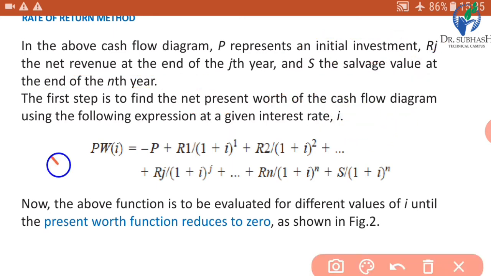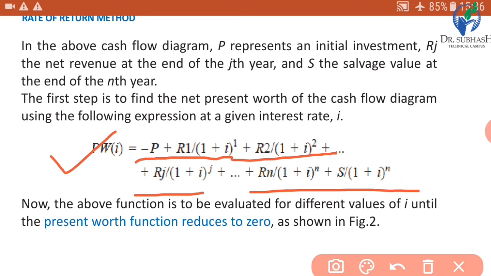So this is the formula: present worth at a rate of interest i is equal to minus P plus R1 into 1 plus i raised to minus 1, plus R2 into 1 plus i raised to minus 2, plus up to Rj upon 1 plus i raised to j, plus up to Rn upon 1 plus i raised to n, plus S upon 1 plus i raised to n. So this is the formula for calculating the present worth amount.